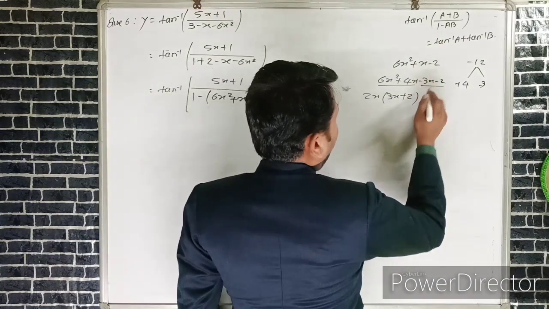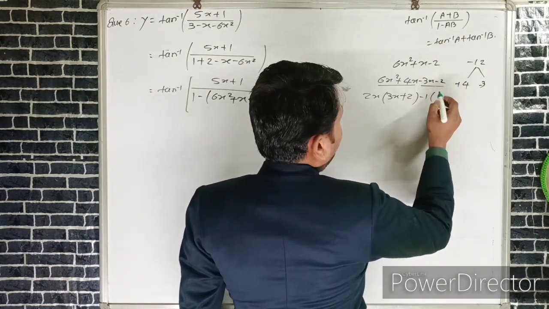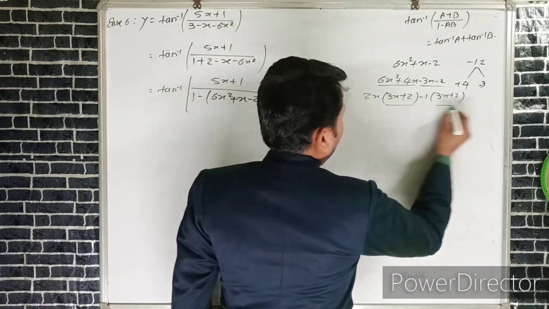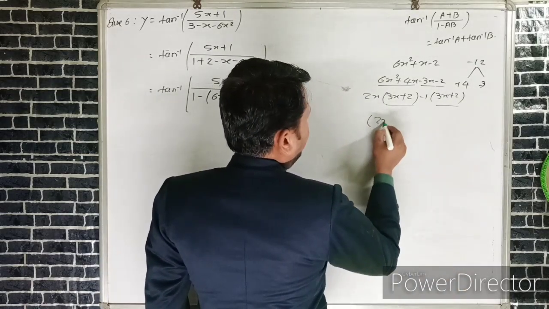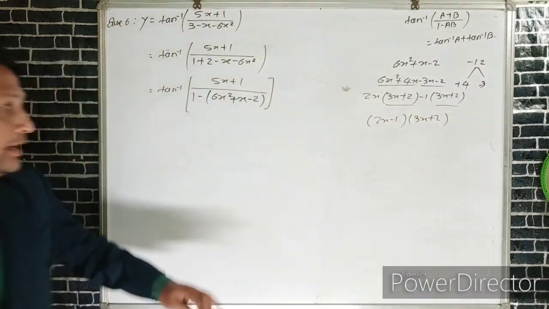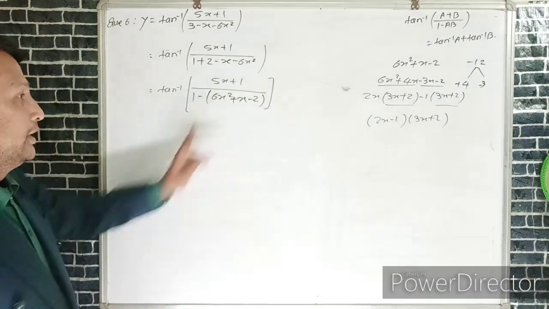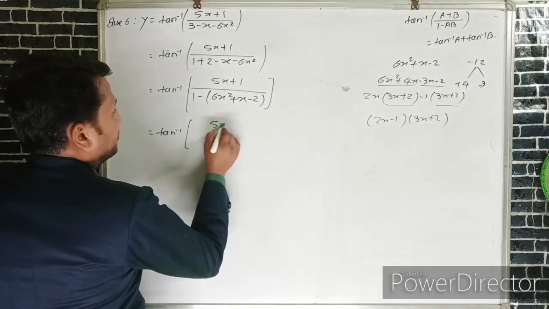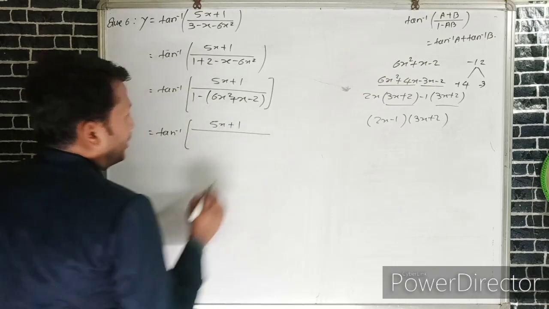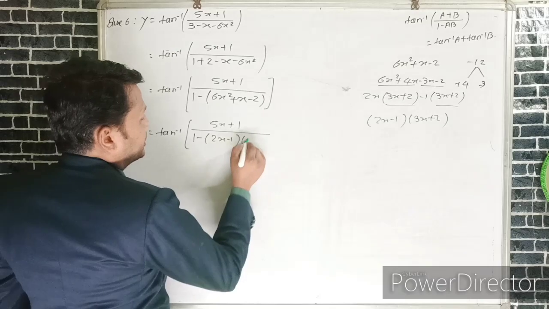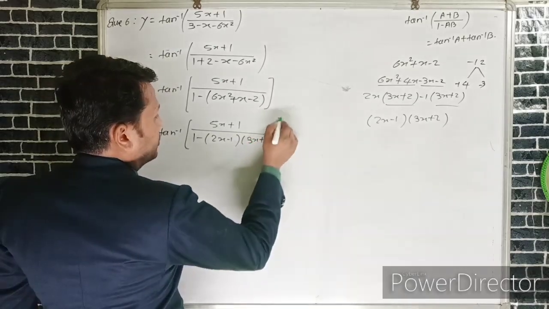Here we take minus 1 common from the second term, we can write 3x plus 2. After that, we can write 2x minus 1 into 3x plus 2. Hence we can write it directly in the form of tan inverse of 5x plus 1 upon 1 minus, in the first bracket 2x minus 1, in the second bracket 3x plus 2.